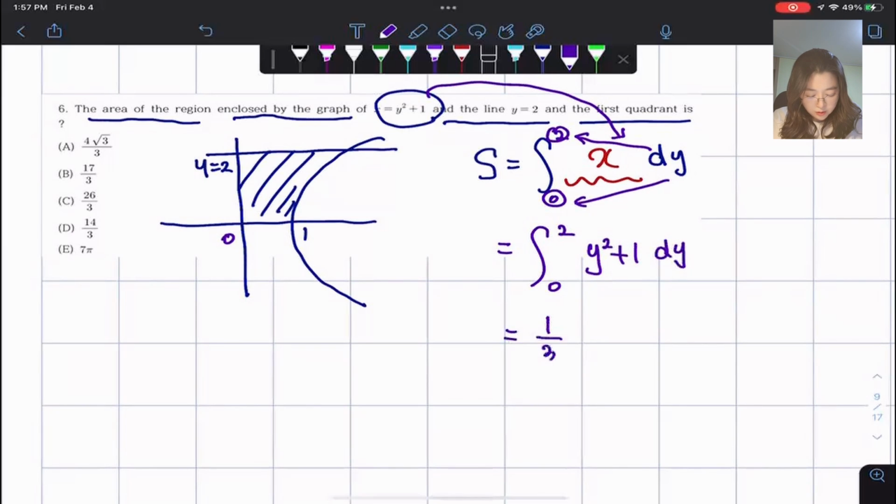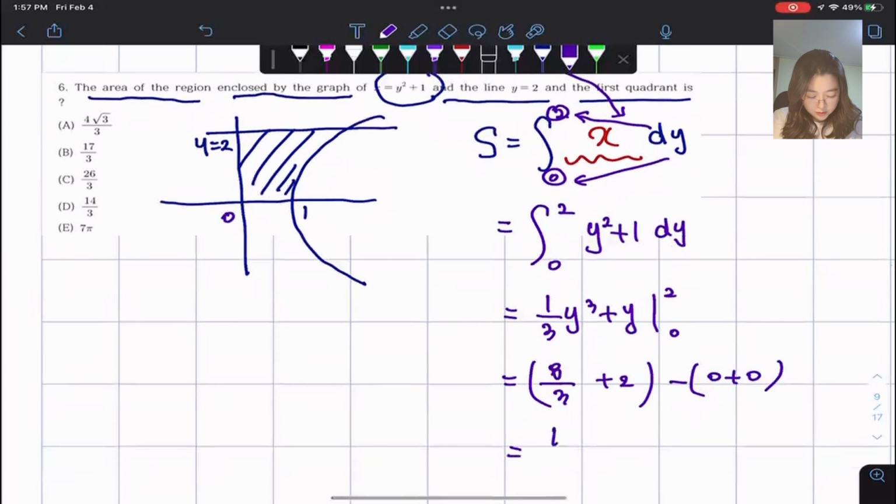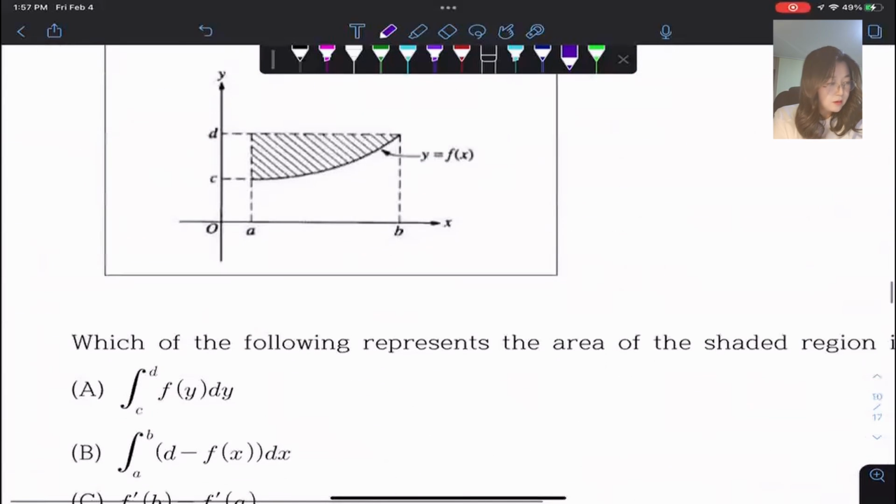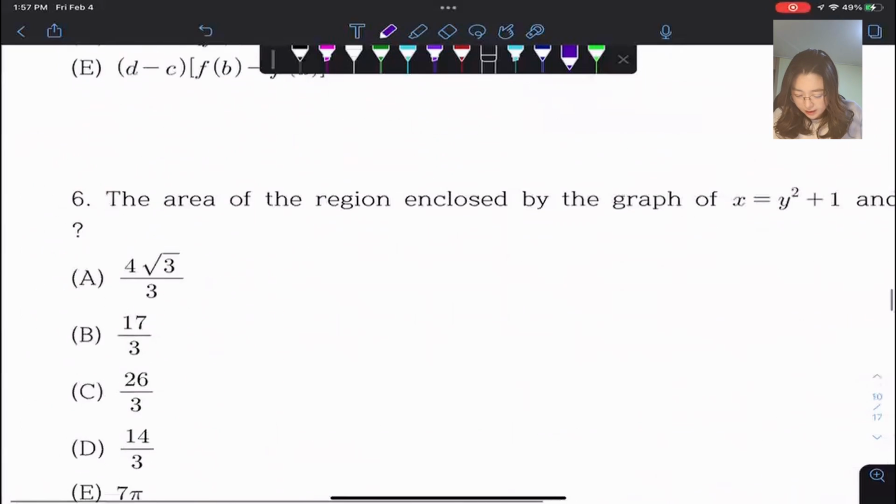This is 1 over 3 y cubed plus y from 0 to 2. Plug in this value. So the answer is 14 over 3. So D. Okay.